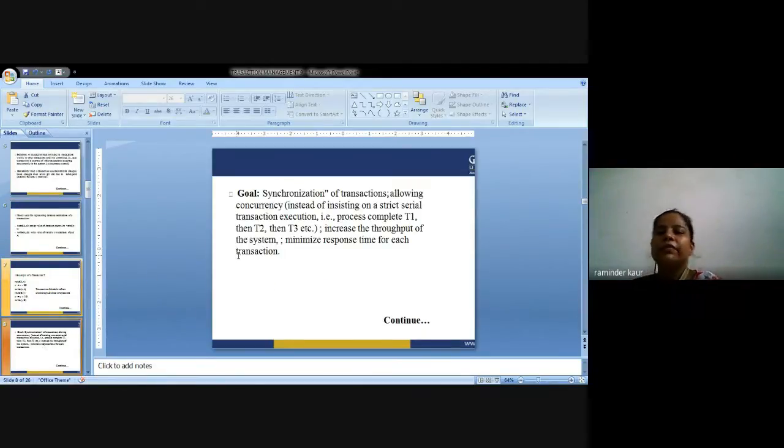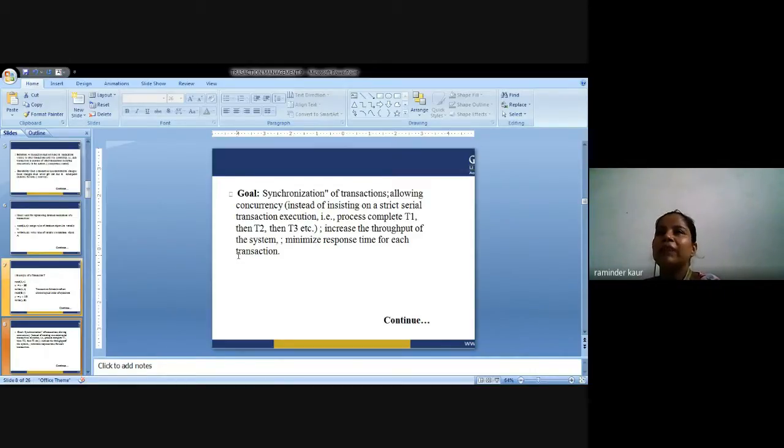So the synchronization, what is the goal? The synchronization of transactions allows concurrency instead of insisting on strict serial transaction execution, because there could be serial transactions, there could be non-serial transactions that are taking place.